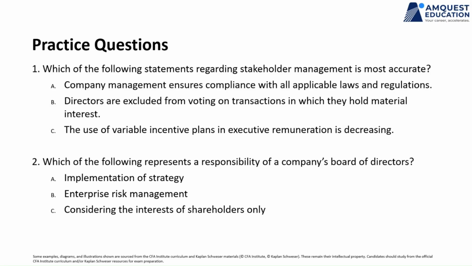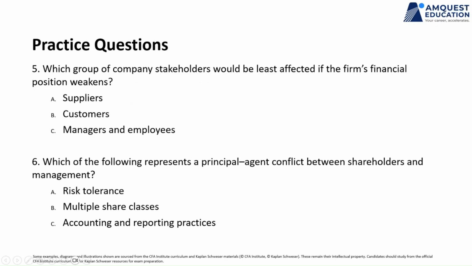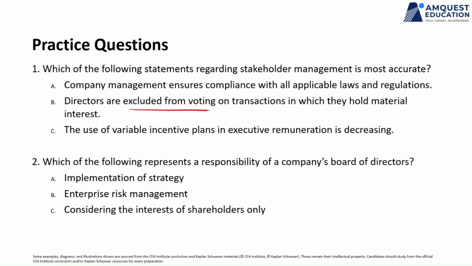So this is asking us which of them is most accurate. Now, when we are saying what is most accurate in terms of policies here, company management ensures compliance with all applicable laws and rules and regulations. They should, right? The most important is directors are excluded from voting on transactions in which they own material interest.